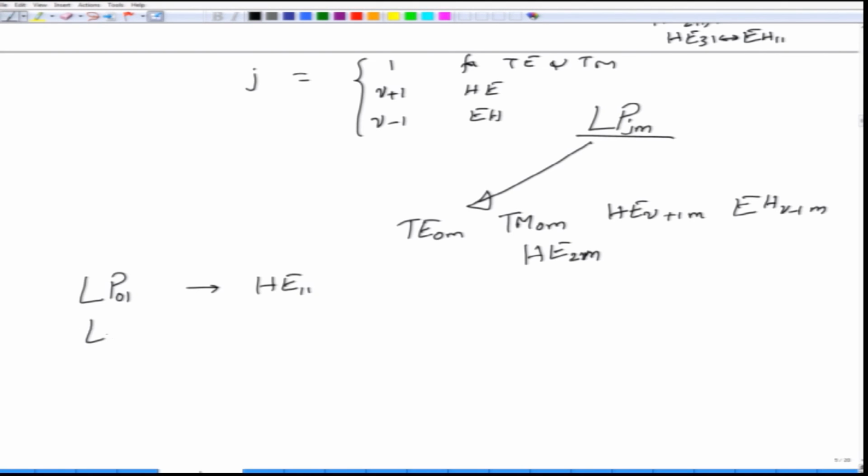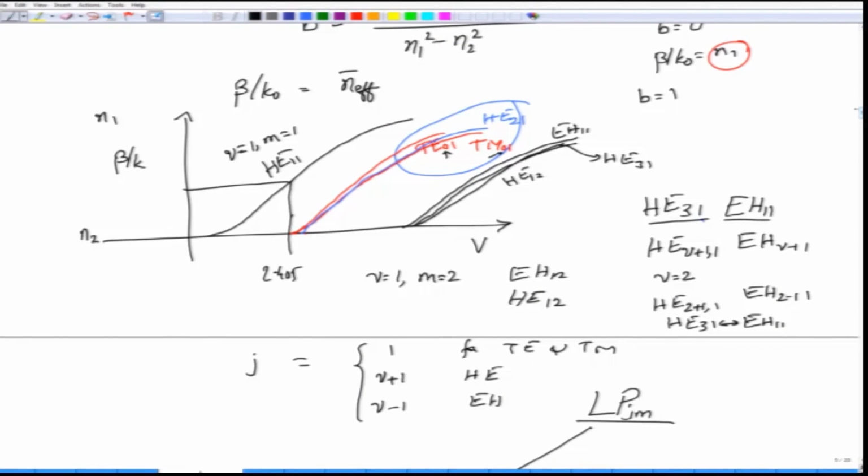Okay. The next mode that you are going to get is LP1M mode, and this is coming from a combination of TE0M, TM0M and HE2M modes. Remember in this curve you had TE01, TM01 and HE21. So if you combine these 3 different modes, you will end up with LP11 mode, because LP1M mode is the combination of these 3 types of modes.